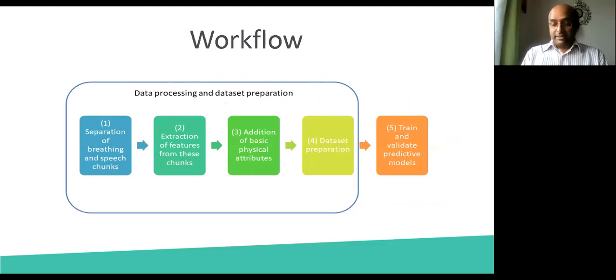So this is the workflow. We took all the recordings and separated breathing and speech in every recording. Initially we did it manually for just one or two to see where the threshold is, and once we got the threshold, we automatically separated all over 300 recording samples. Then we extracted features from the breathing part and the speech part.